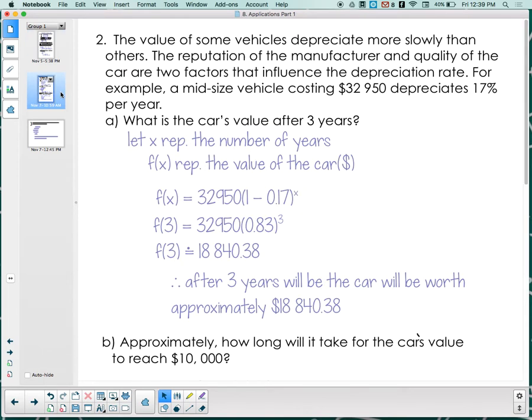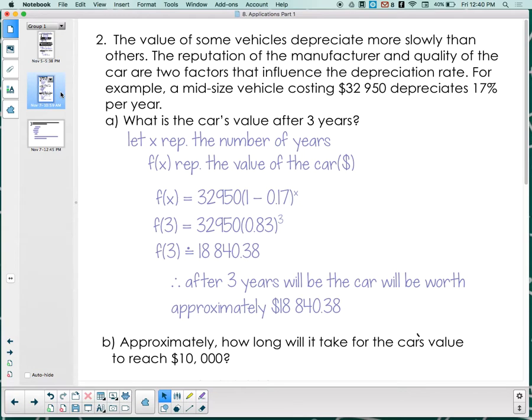Number 2, we are talking about the value of vehicles depreciating after you've purchased it. So here we have a car company. It says, for example, a mid-sized vehicle costing $32,950 depreciates 17% per year. We want to know how much the car is worth after 3 years.